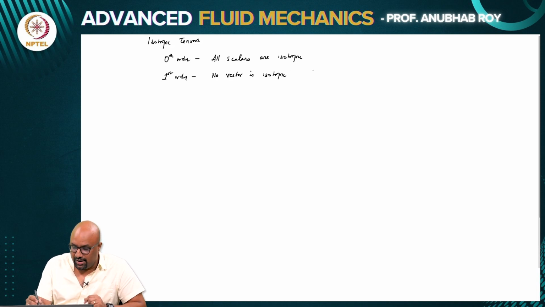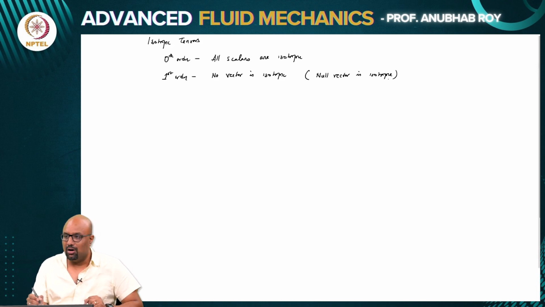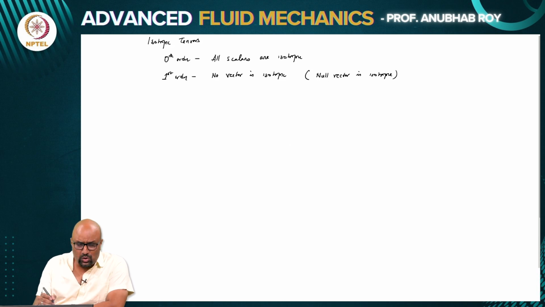When I say no vector, I am basically excluding the trivial answer, which is that the null vector is isotropic. Null vector is a vector whose all components are 0, and this would be true for any order. For any order, if you take a null tensor, it will always remain isotropic trivially, because whenever you apply the coordinate transformation, 0 will transform to 0 itself.